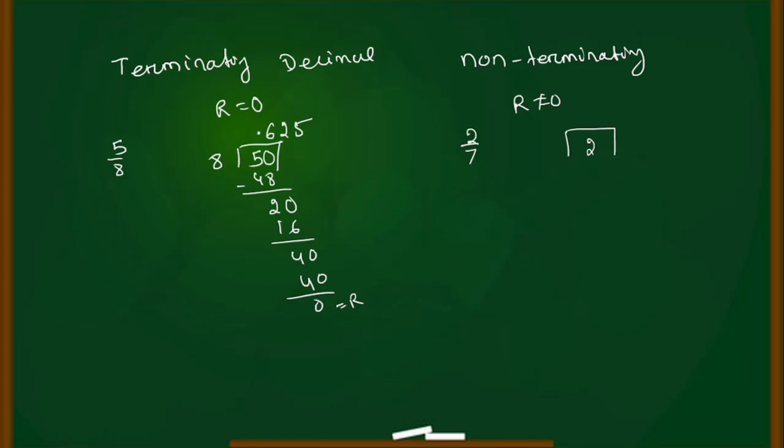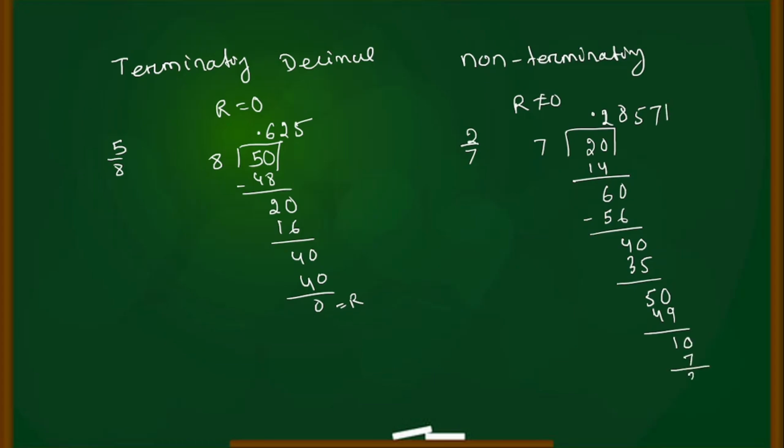Now simply write 2, then 7, first put the point, then 0, 7 2s are 14, then here is 6, 60, 7 8s are 56, then 4, 40, 7 5s are 35, again 5, 50, 7 7s are 49, 1, 10, 7 1s are 7, then 3, 30, 7 4s are 28, then 2, 20, now again 7 2s are 14, then it will be repeated, yes or no. Now this step never ends, okay, that's why this is called a non-terminating decimal. All of you understand?